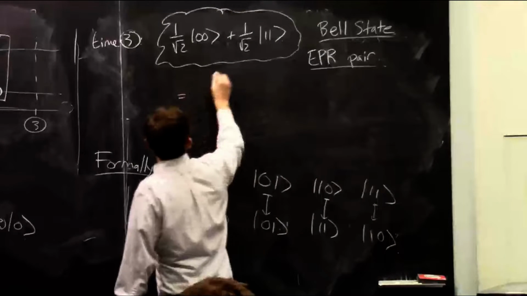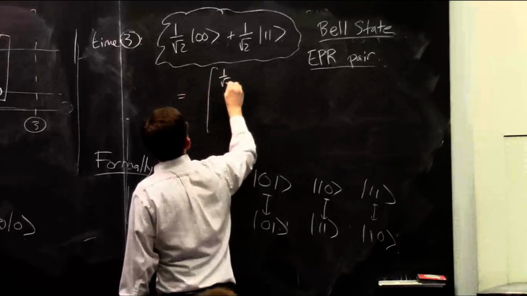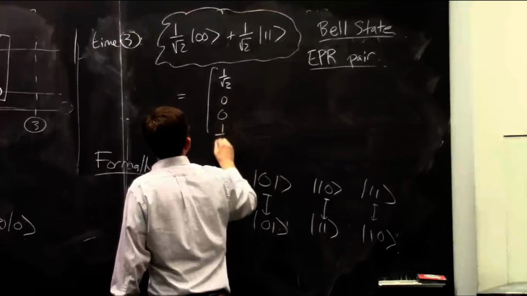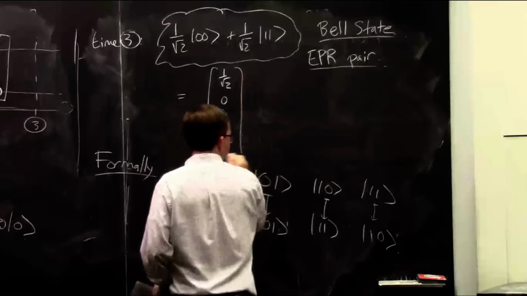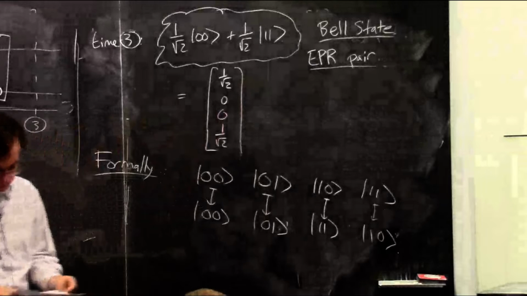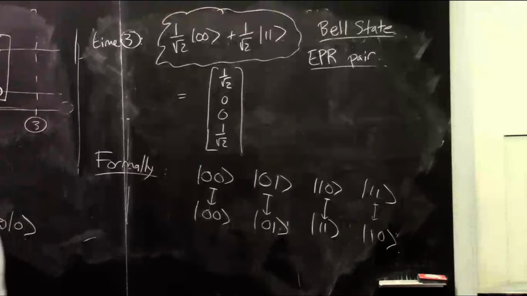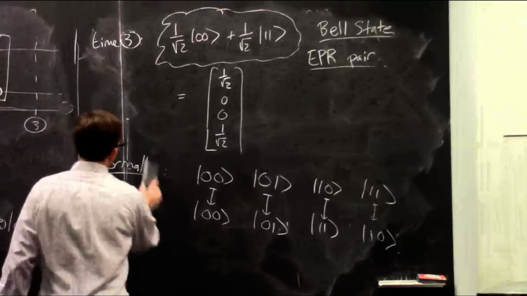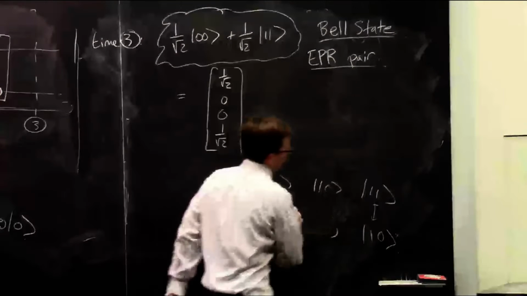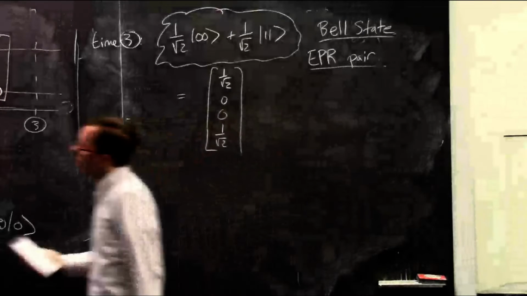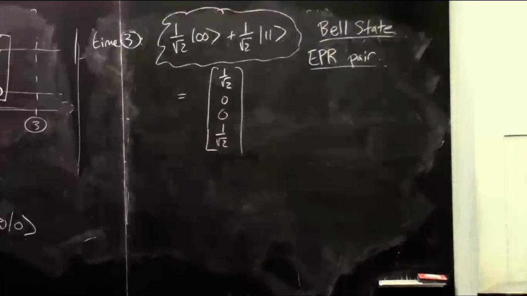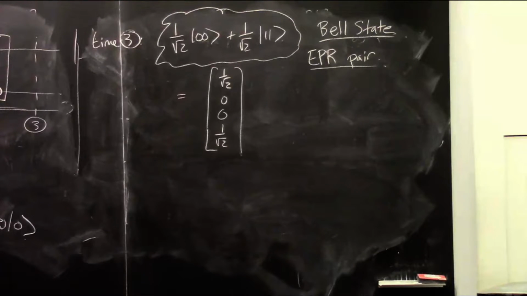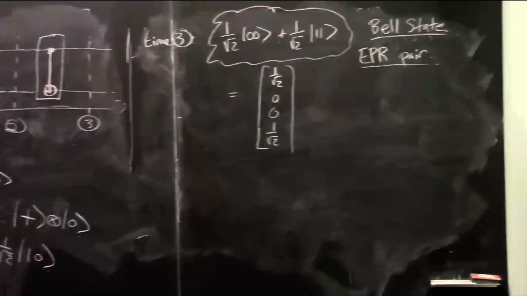Good. Let me also write it like this: 1 over root 2, 0, 0, 1 over root 2. That's how you would write it as a 4D vector. Now I can come to answer a question that Alex asked quite a while ago about the set of all possible 4-dimensional vectors that you can get in a 2-qubit state.